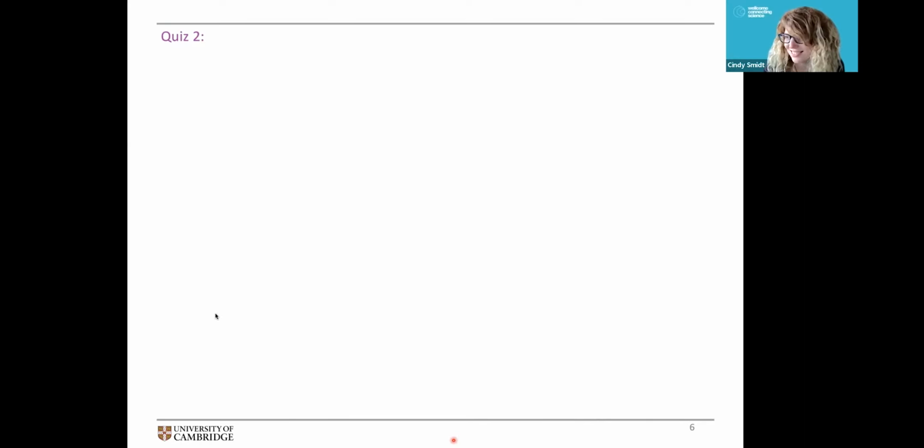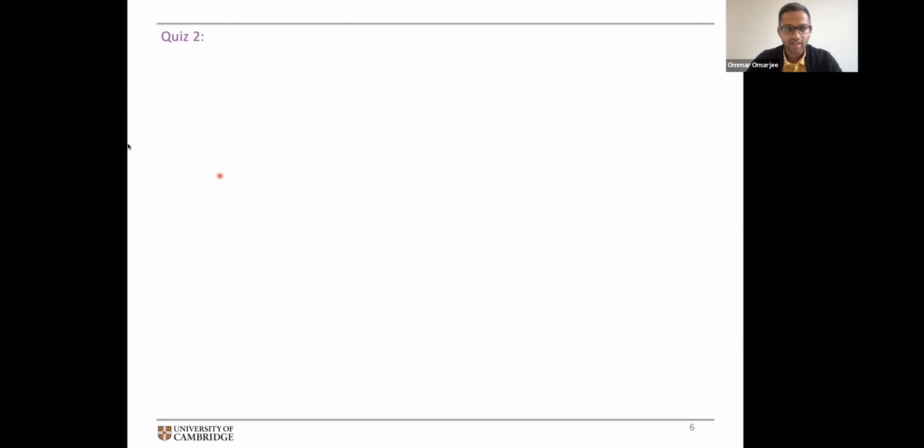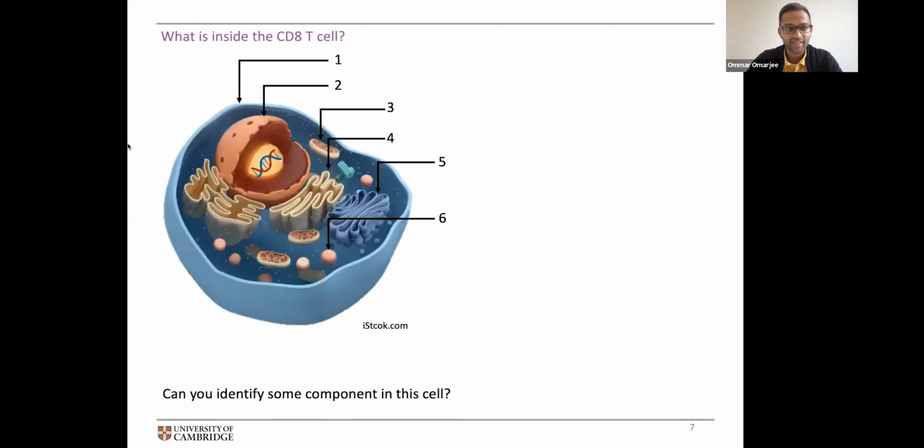Amazing. So basically, currently, my line of research is trying to go inside of the CD8 T cells and try to understand how we can make them stronger. So I'm going to take you inside of a cell now and see what's in there.